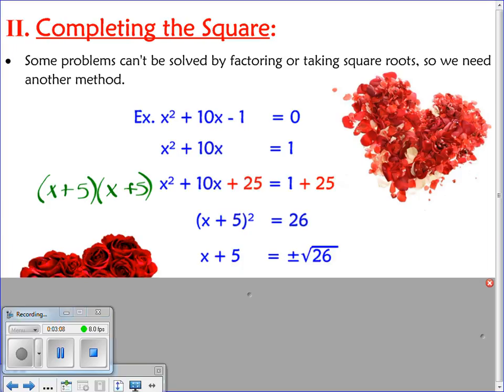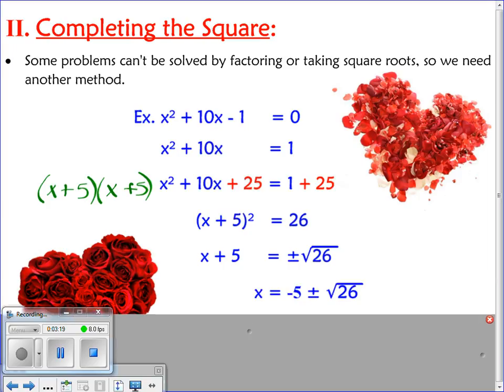What did they do from here to here? The same thing you just practiced. Once your squared part's by itself, you take the square root of both sides. What's the next step going to tell me? They're going to move the 5 to the other side. So really from here down, this is what we just did. This is not new. Do you know how to factor?